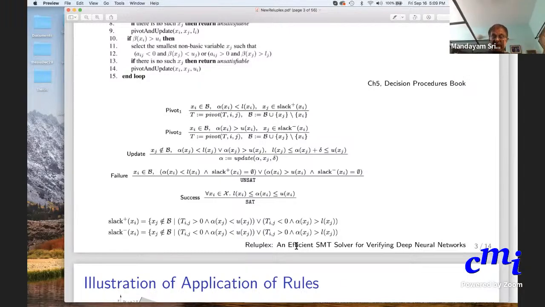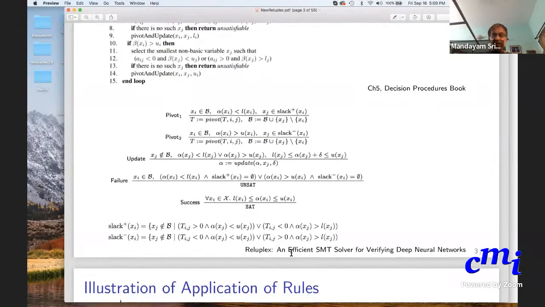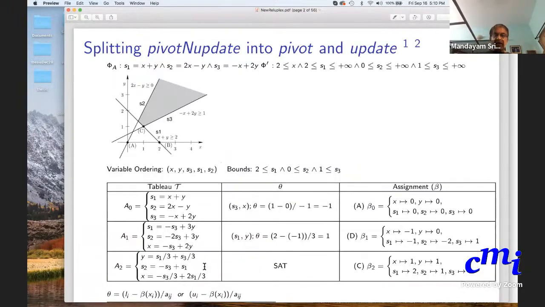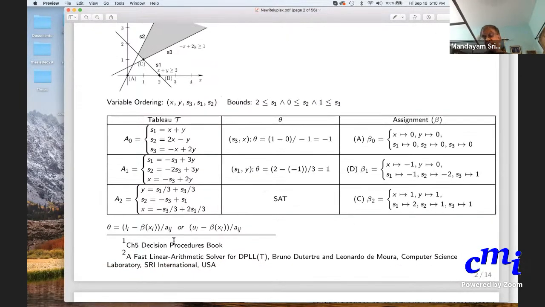Now there are some notational differences between how simplex itself is presented in this paper versus the way it is done here and the way that we have seen.